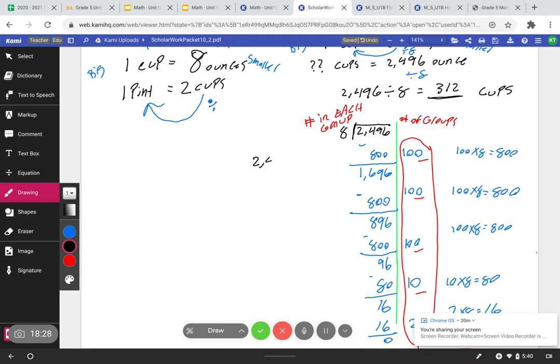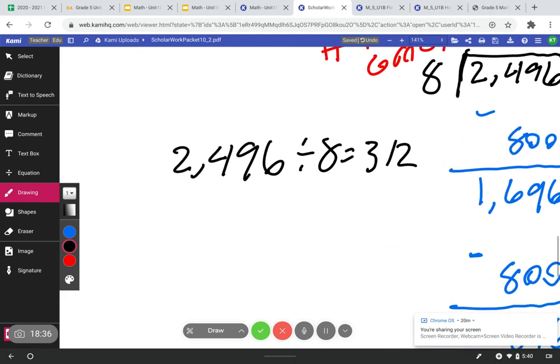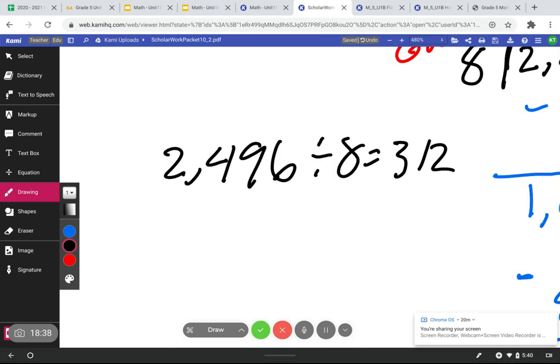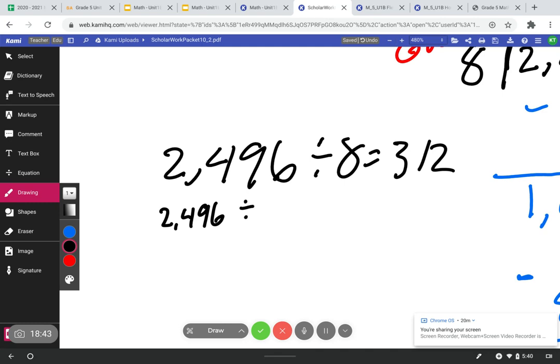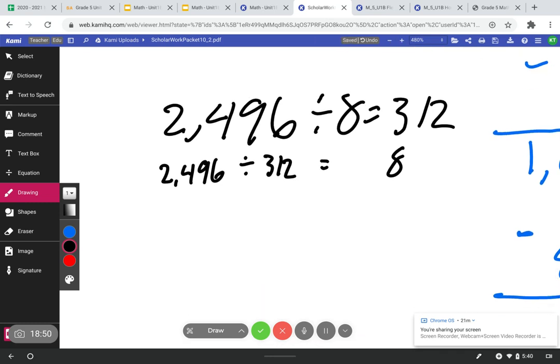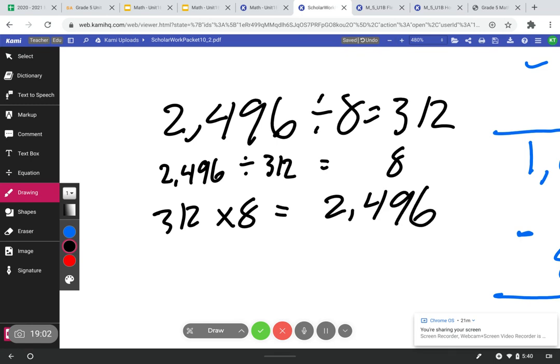So 2,496 divided by 8 equals 312. 2,496 divided by 312 equals 8. 312 times 8 equals 2,496.